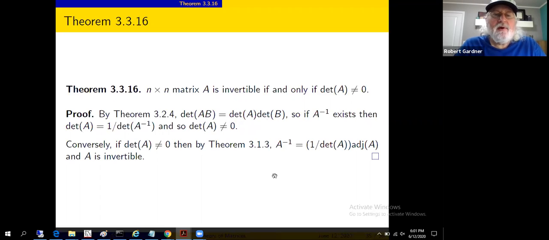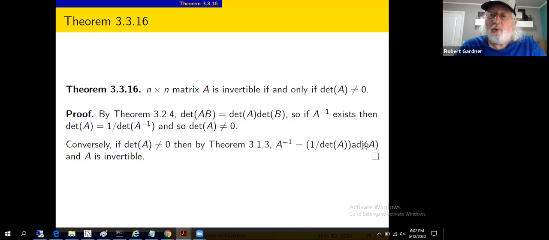The other half, I need to appeal to a couple of sections ago, Theorem 3.1.3. We expressed A inverse in terms of determinants and adjoints of a matrix. Remember that? We did it. So if the determinant of A is non-zero, then we can use this formula. Adjoint of A was just computations of a bunch of determinants of minors.